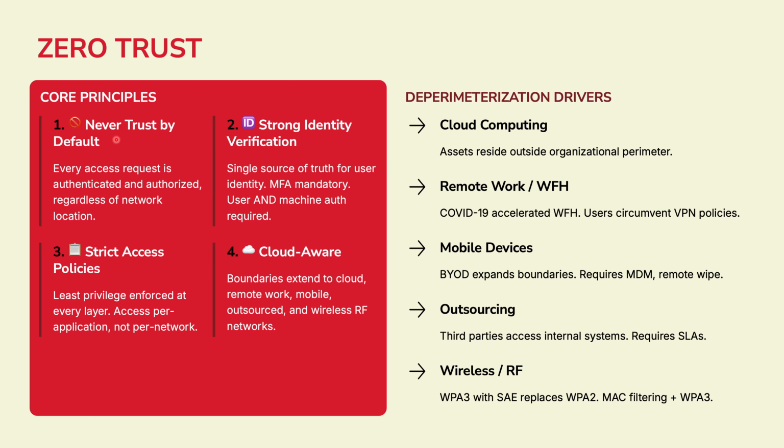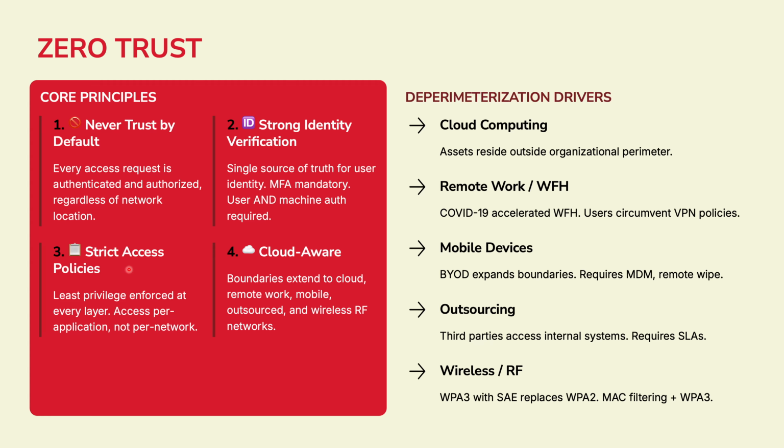The first one, never trust by default. Every access request is authenticated, regardless of the network location. Number two, we have strong identity verification. That's a single source of truth for user identity, with mandatory MFA for both user and machine.